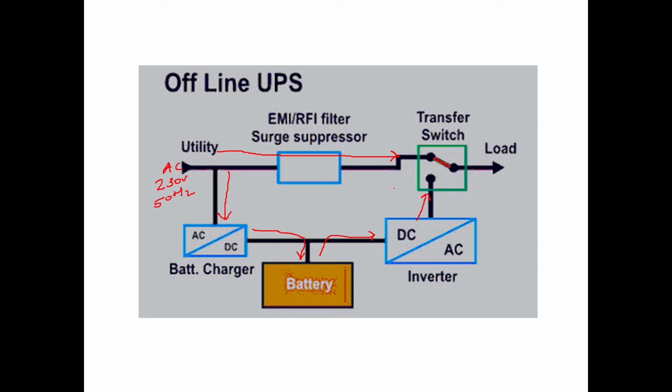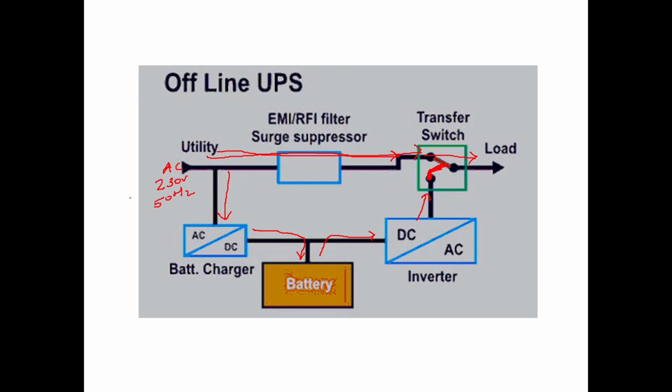Now, whenever the power supply is there, the mains will be directly connected to the load via the EMI RFI filter or the surge suppressor. So here it is directly connected to the load. But once the power goes off, this switch will be connected to this line.